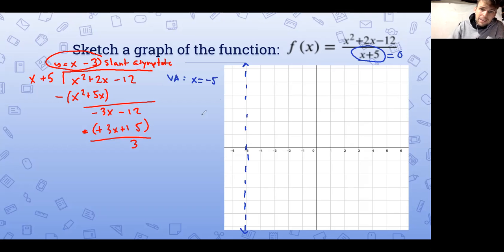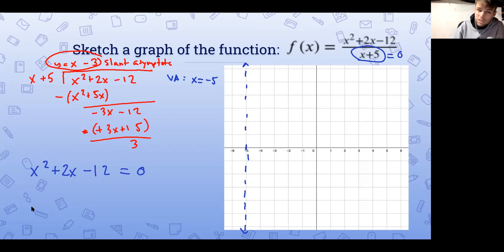We want to find the x-intercepts and the y-intercepts. So let's go with x-intercepts. So set our numerator equal to 0. I don't think that's factorable. Doesn't jump out to me as factorable. Multiply to -12 and add to 2.